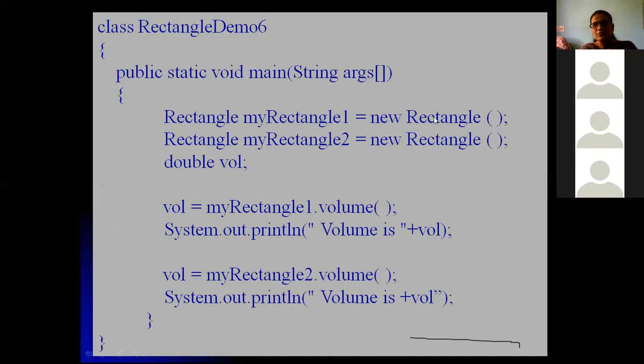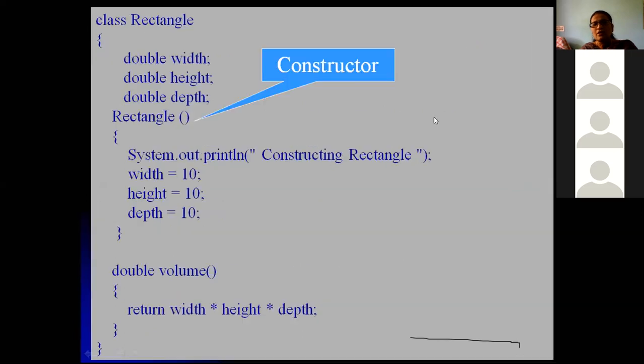As soon as you create it like this, it will call the default constructor. But if we had not written these three statements, width equal to 10, height equal to 10, depth equal to 10, it would initialize 0 as the default value. So it is up to you whether to initialize different values or the 0 values.